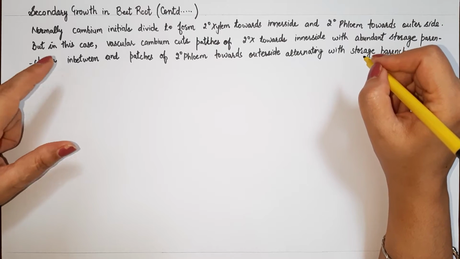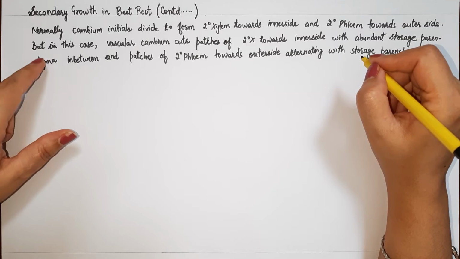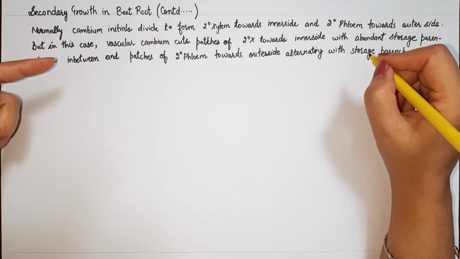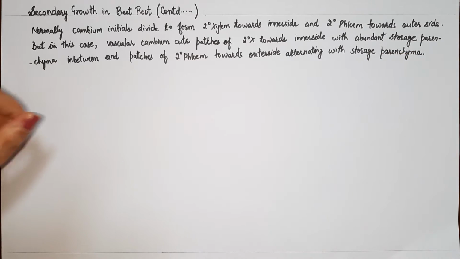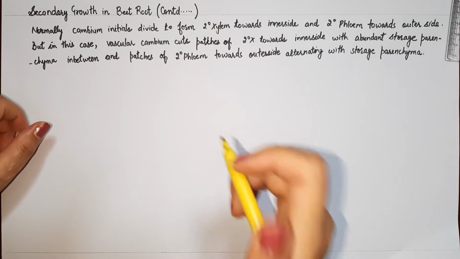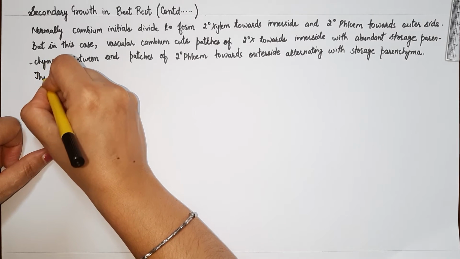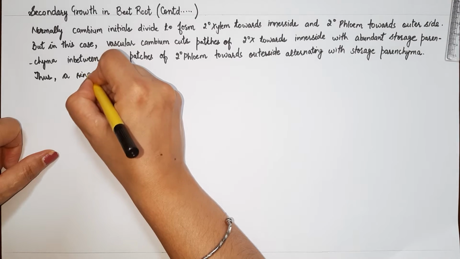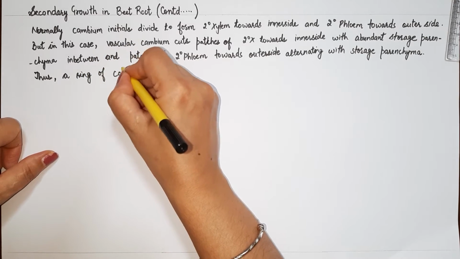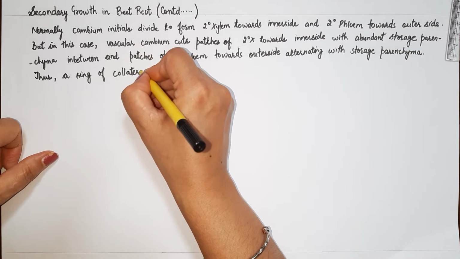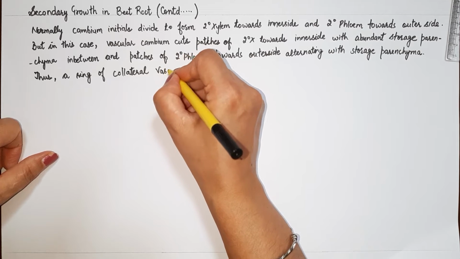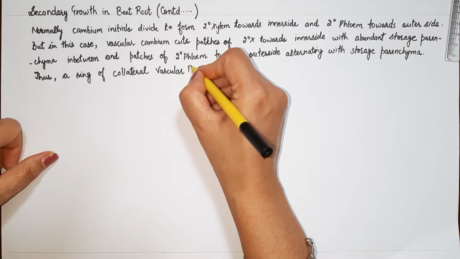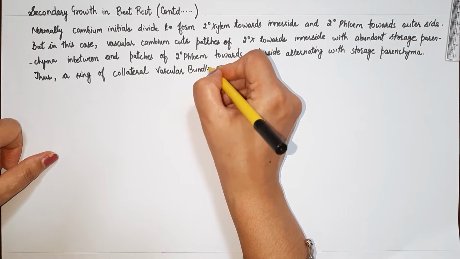Now, that serves as storage parenchyma, means it will store food material in fleshy roots. Thus, a ring of collateral vascular bundles develop.